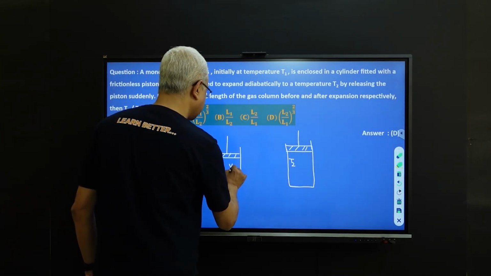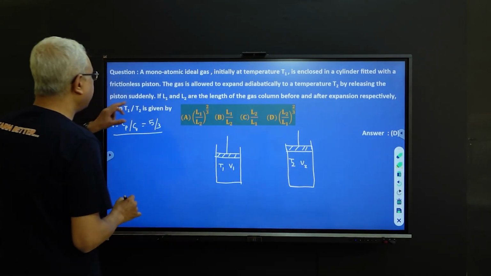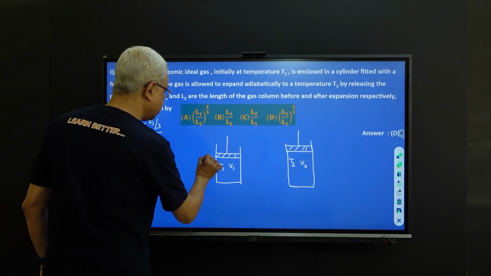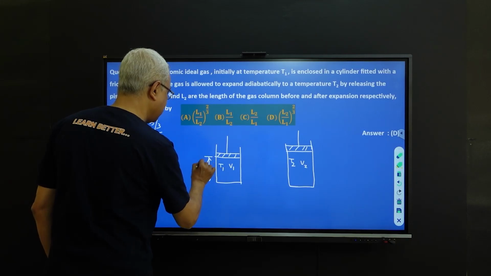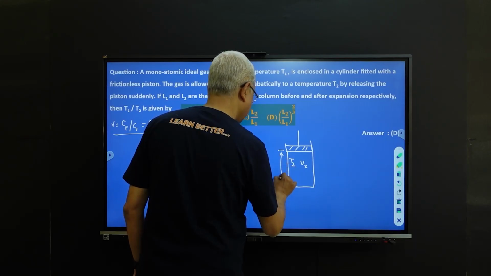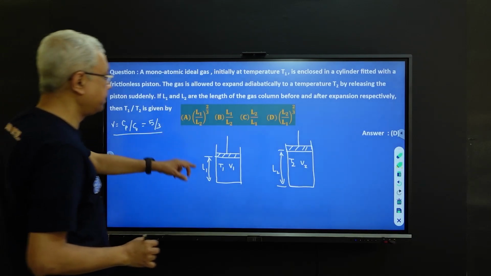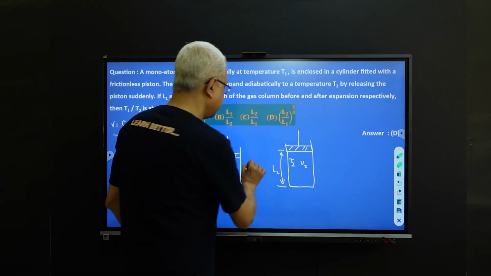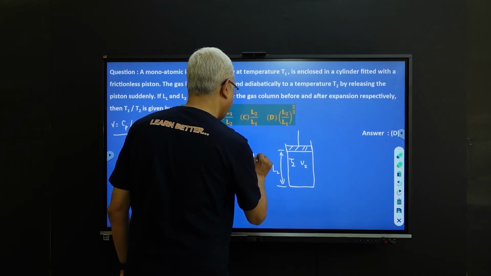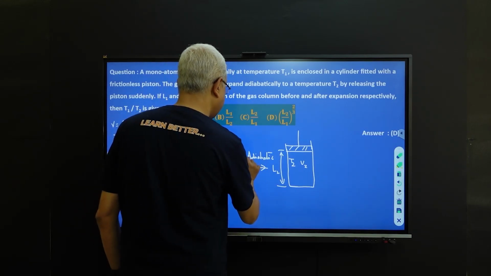Initial volume of the gas be V1, here let it be V2. L1 and L2 are the length of the gas column before and after expansion. So this length is L1 whereas this length is L2. And temperature here is T1 and this is an adiabatic expansion of the gas.